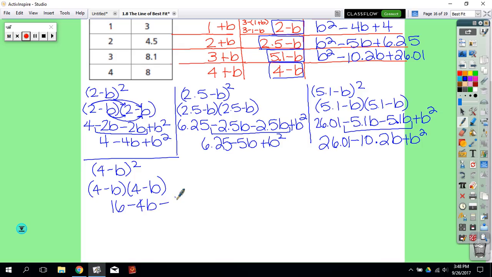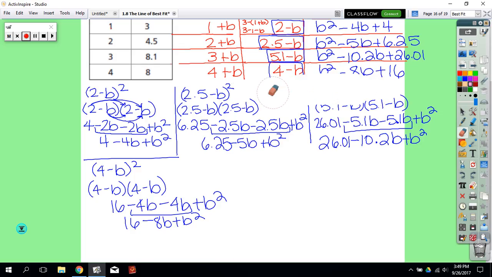Negative b times 4 is negative 4b. And negative b times negative b is positive b squared. So combine like terms, you get negative 8b plus b squared, and then 16. So again, when I write this up here, I'm going to reverse it. So b squared minus 8b plus 16.